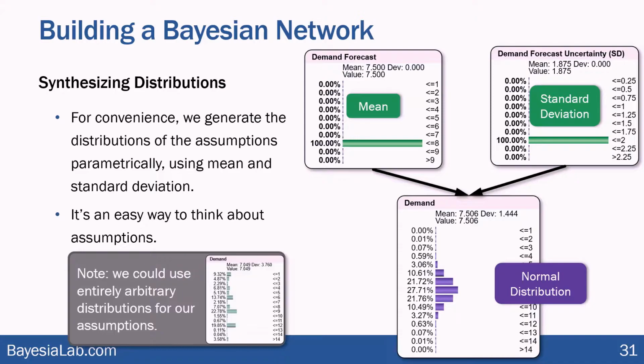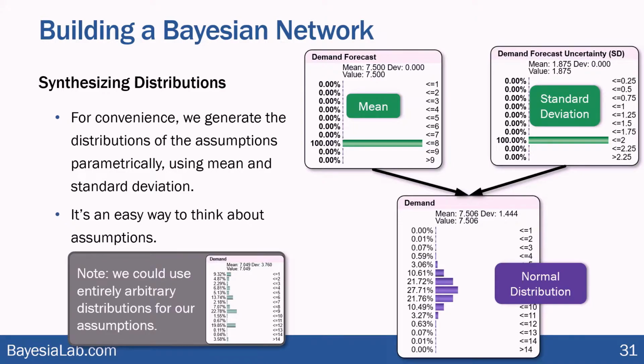So we could use entirely arbitrary distributions for our assumptions, as you see in this little box on the bottom left. So any arbitrary values that we have, if that's what we think happens, a bimodal distribution, where either demand is very high or very low, but nothing in the middle, we could enter that directly, very conveniently in a Bayesian network.